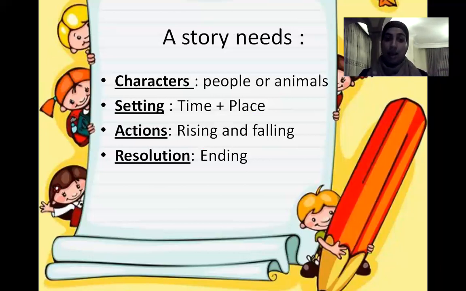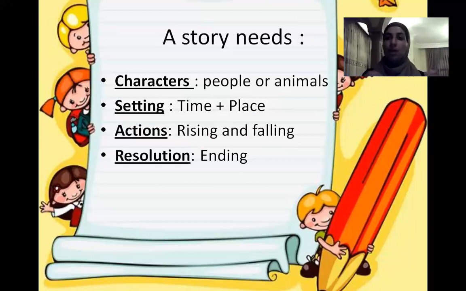And then you need actions. Now you should know that the actions have 2 kinds: the rising actions and the falling actions. The rising actions are all the things that happen in the story that cause a problem.